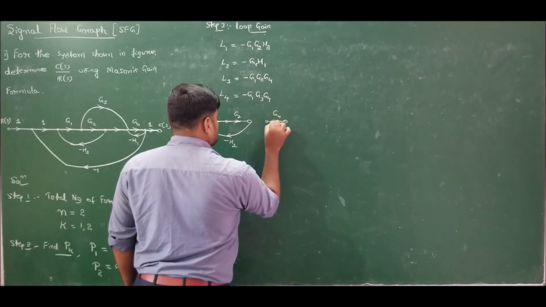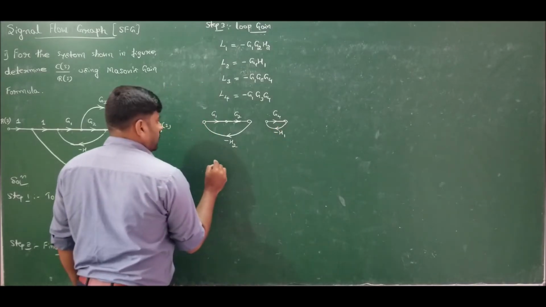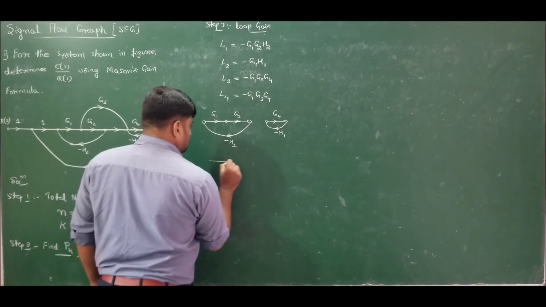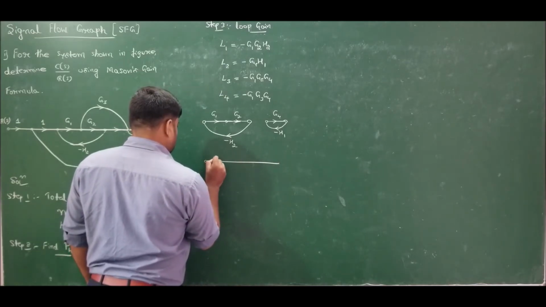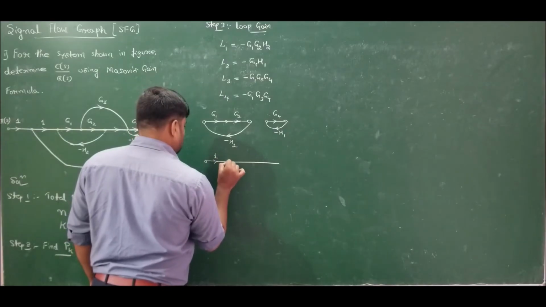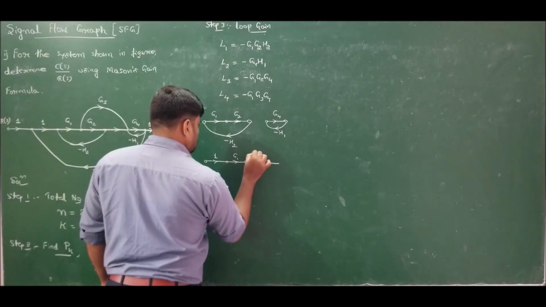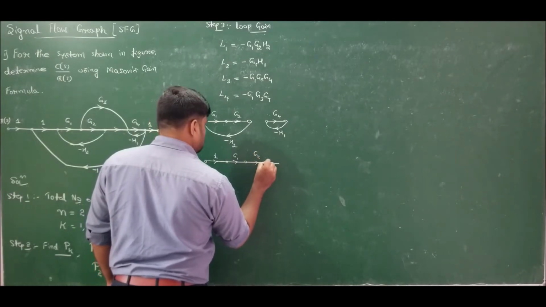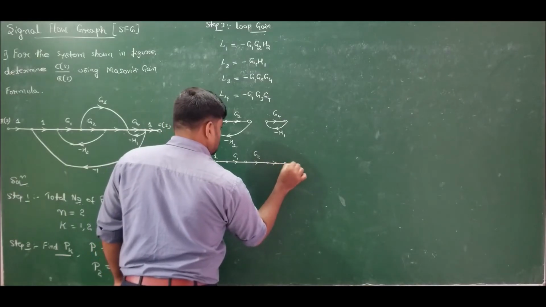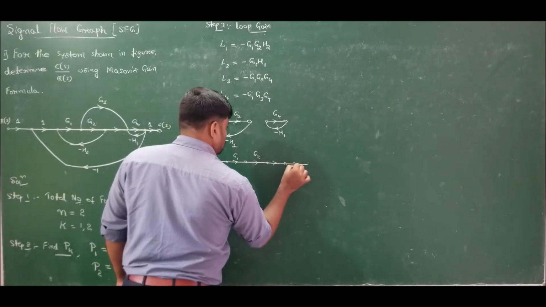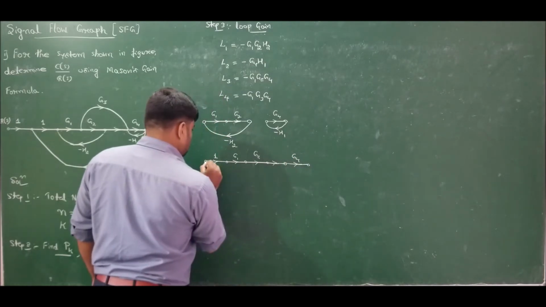This is G4 minus H1. Next we had 1, G1, G2, G4, minus 1.